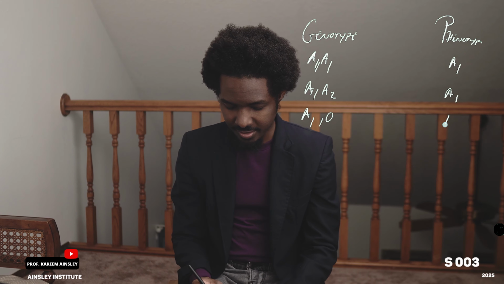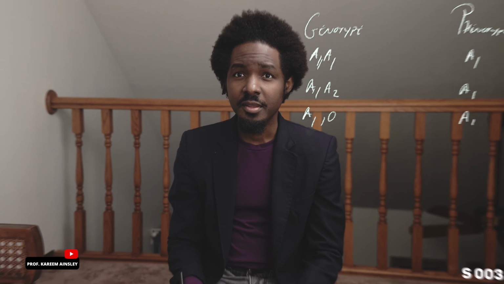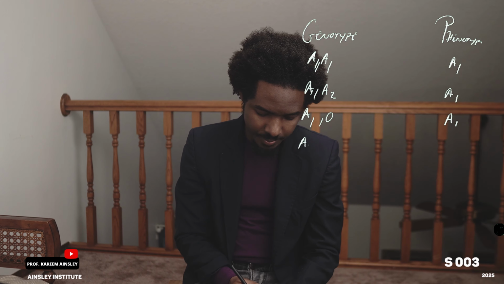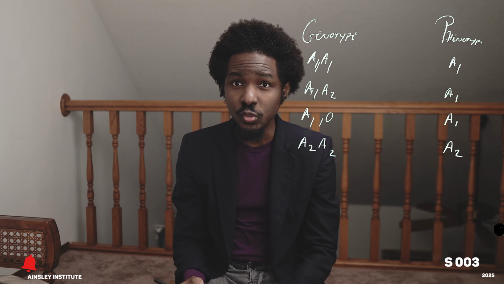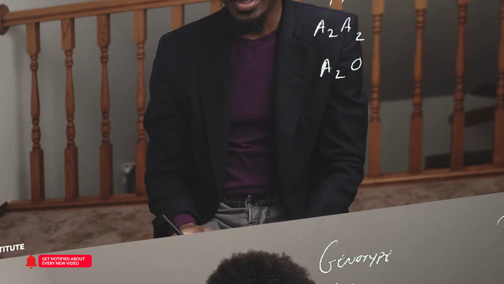So A1 and, let's say we have O, we're going to still expect A1. If the genotype is A2 and A2, we're going to expect A2. If the genotype is A2 and O, we're going to expect A2. So A1 is stronger than A2, A2 is stronger than the O, all right? Just bear that in mind.